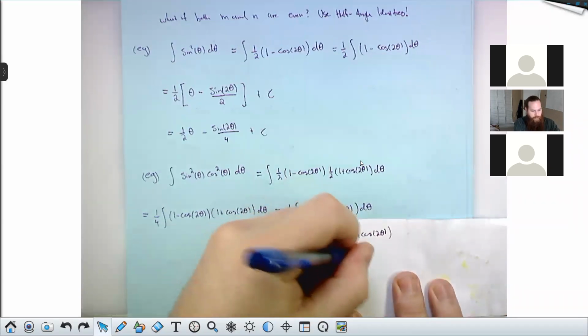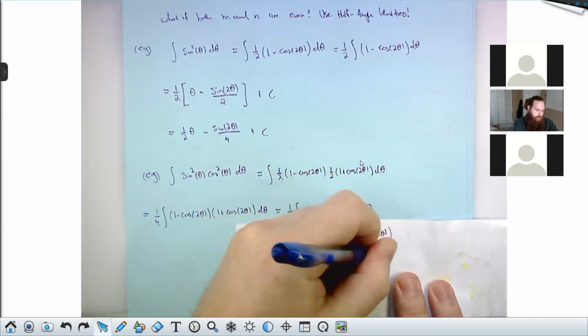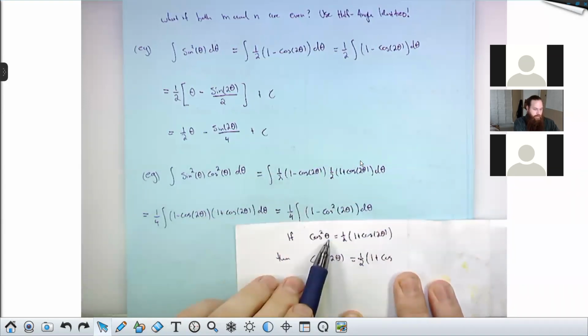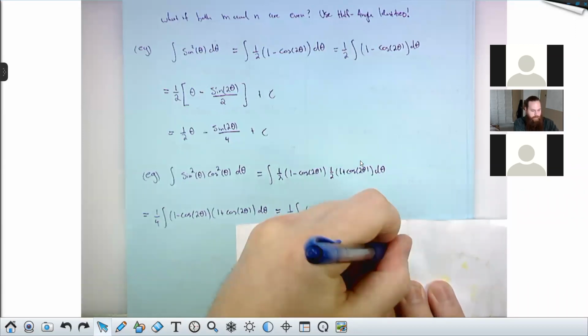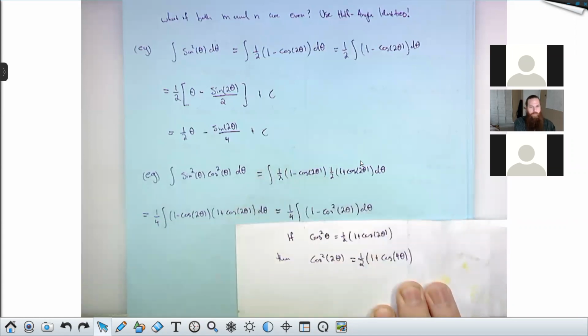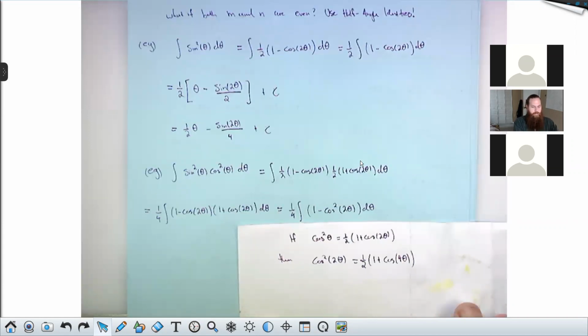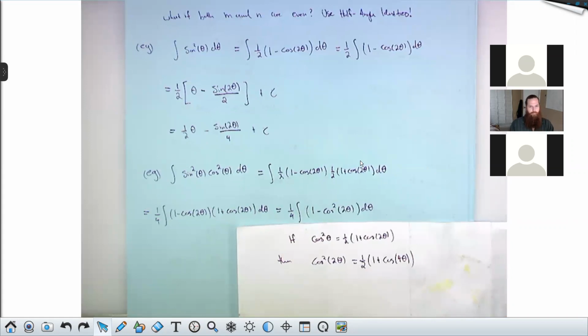Well, it should be 1/2 times 1 plus the cosine of whatever's here gets doubled here. Tuck that off to the side. So I'm going to use this version of the half angle identity on this piece. Then I'll distribute and combine like terms. Then I'll be able to finish the integral as micro u subs.